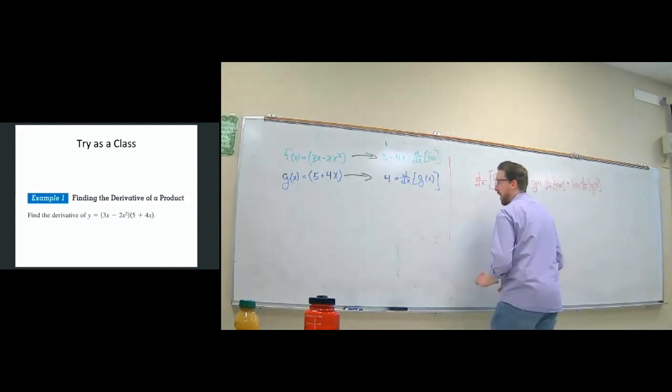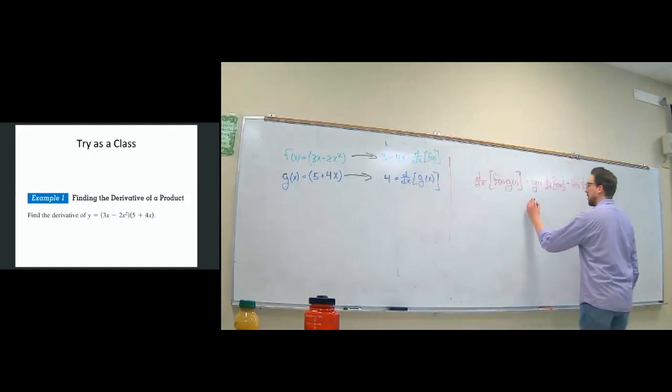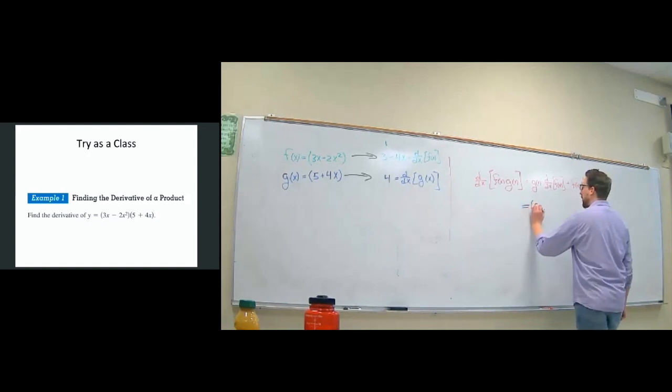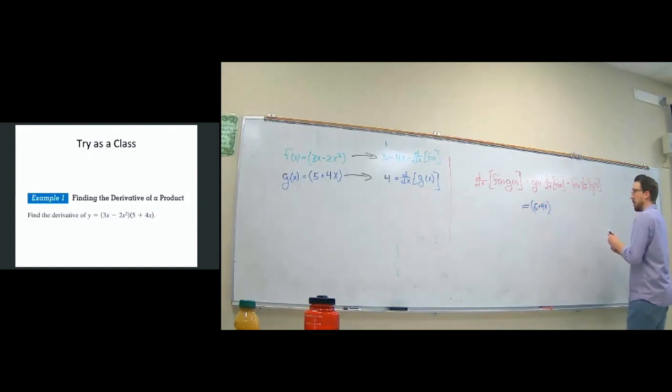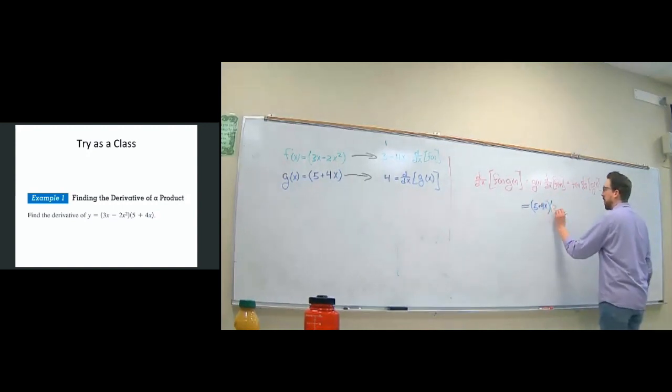Plugging all of these in now. G of x is just 5 plus 4x. The derivative of f of x, well, that's just 3 minus 4x.